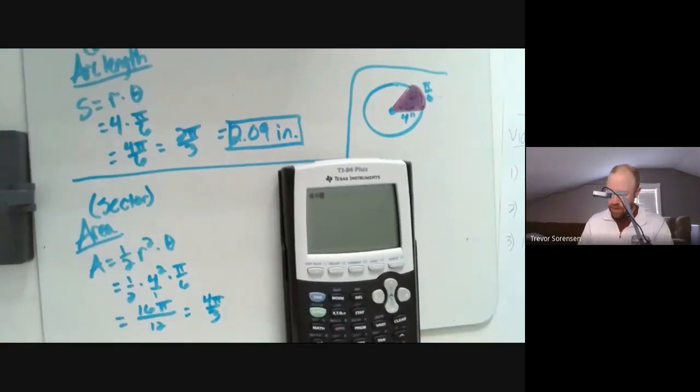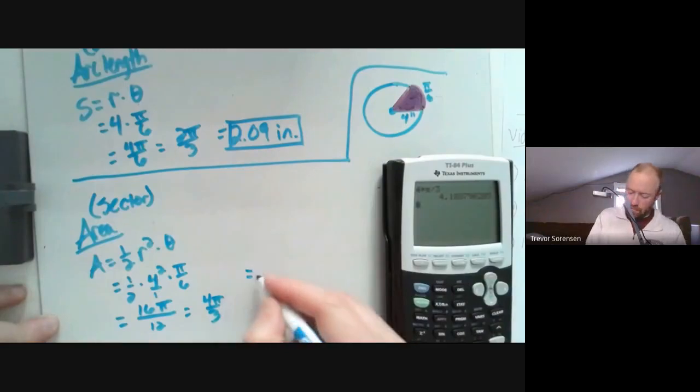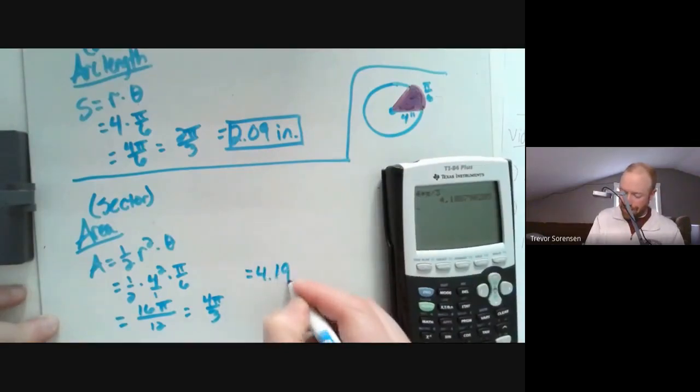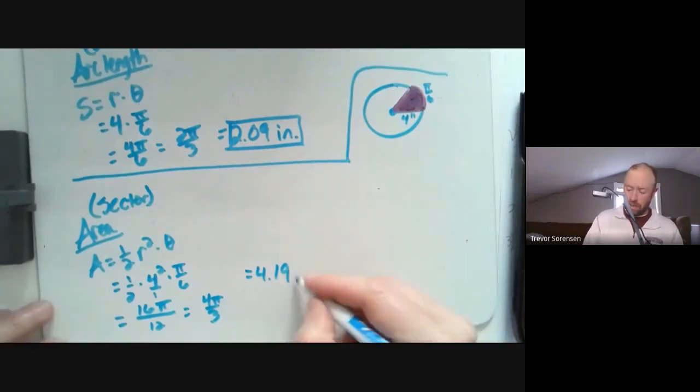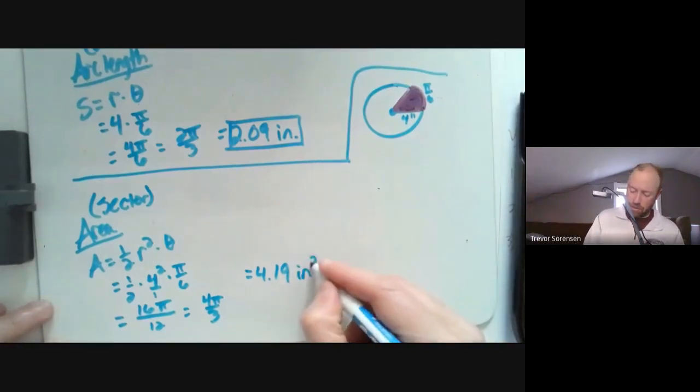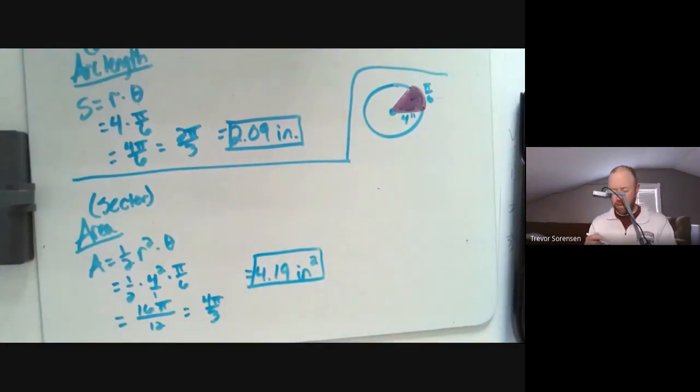So 4 times pi, and then divided by 3. And that is my answer. So I get 4.19. And again, this is area now, so we've got to think about this being inches squared. And that would be it.